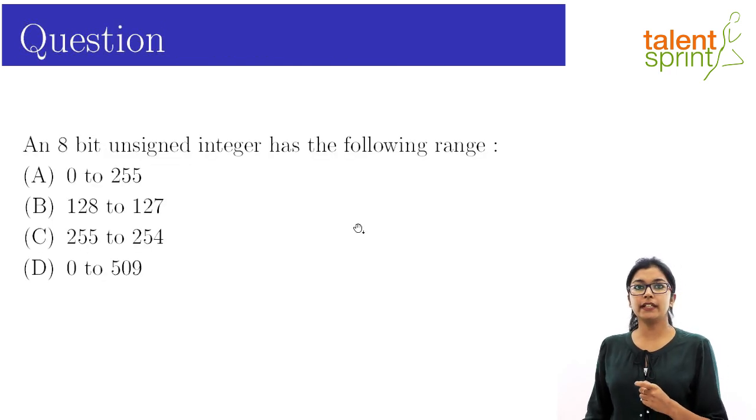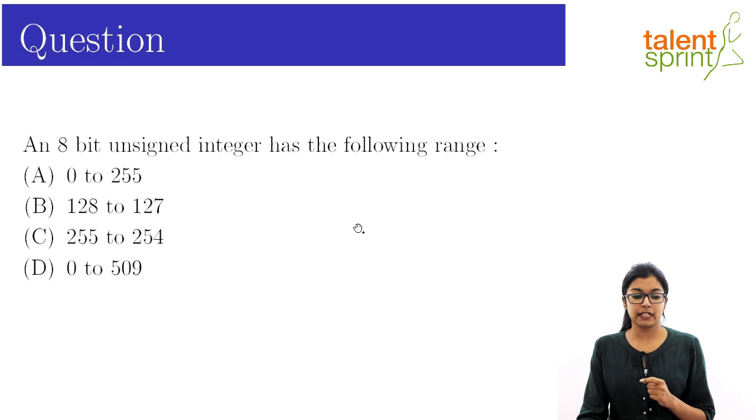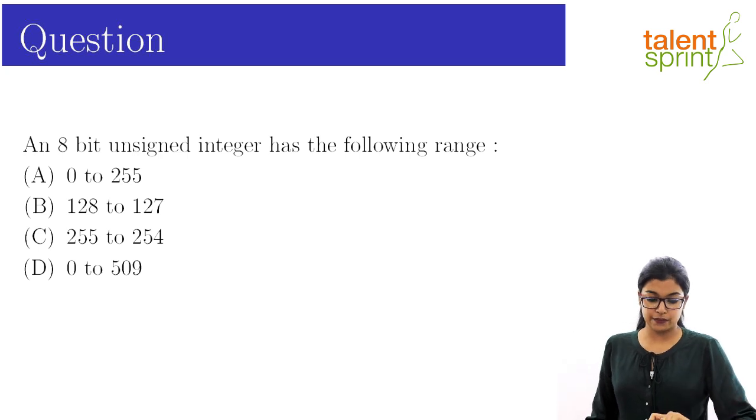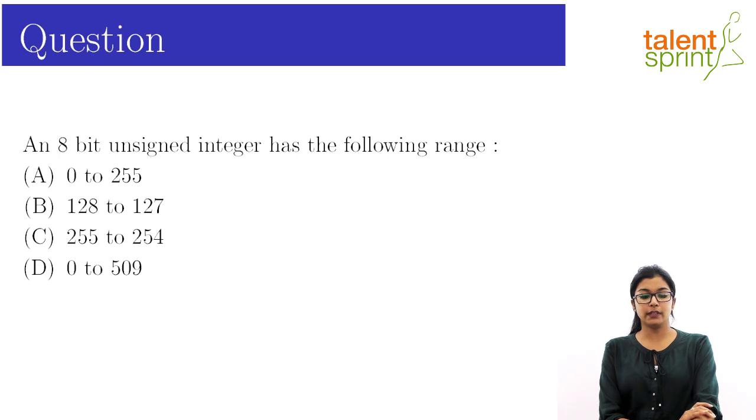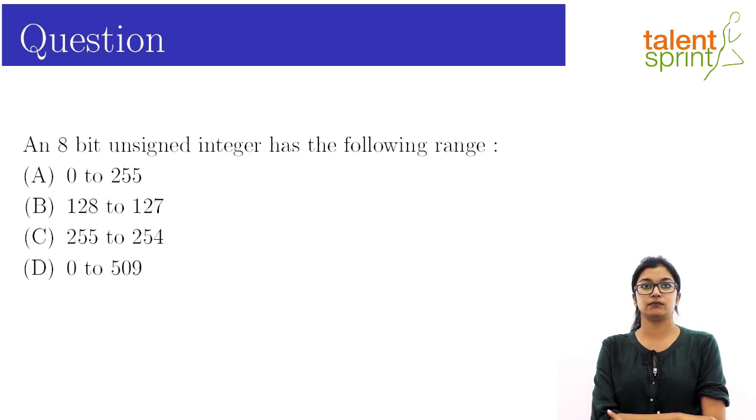So let's quickly see a question. An 8-bit unsigned integer has the following range: A, 0 to 255; B, -128 to 127; C, -255 to 254; and D, 0 to 509. So we are talking about an 8-bit unsigned integer.